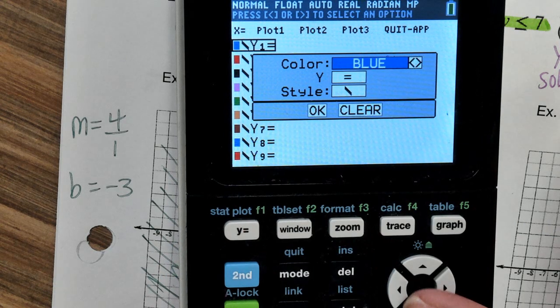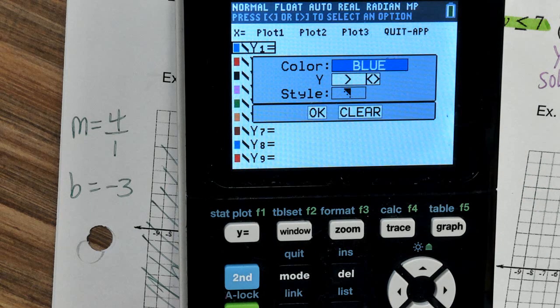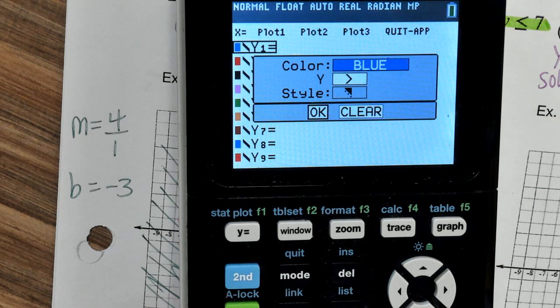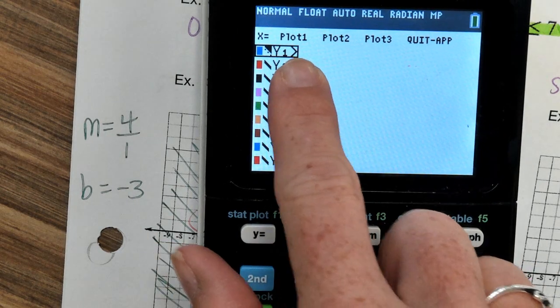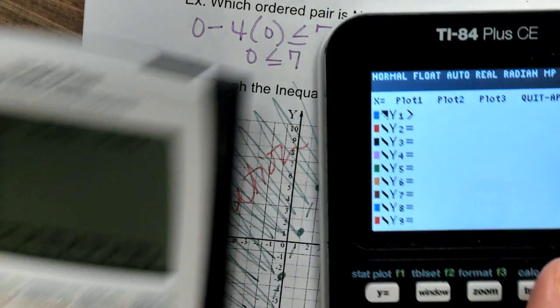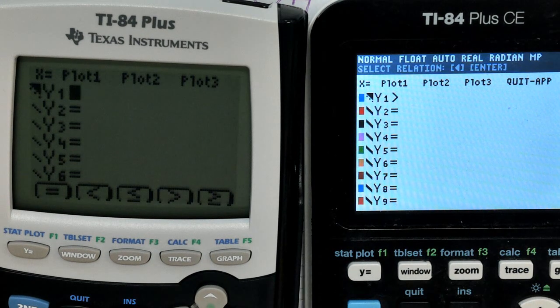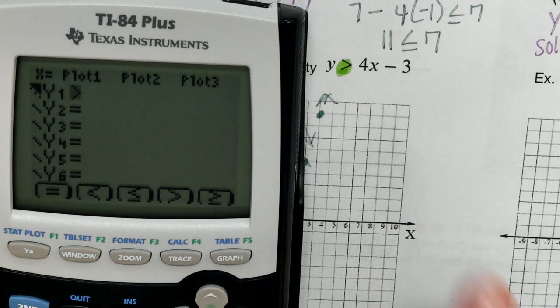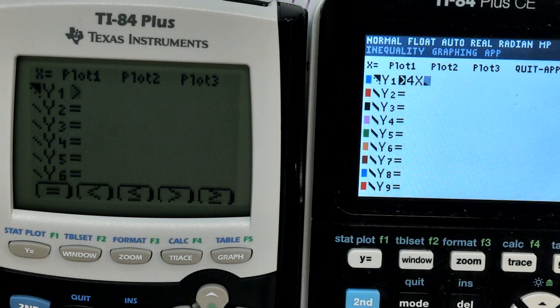Go to that option and scroll until it says greater than. And then hit OK. And it should say y1 is greater than. So does everybody's screen look like this? Now tab over and put in the inequality. What was the inequality? 4x minus 3.